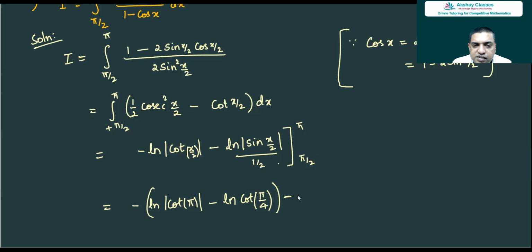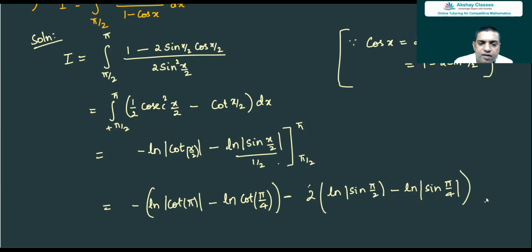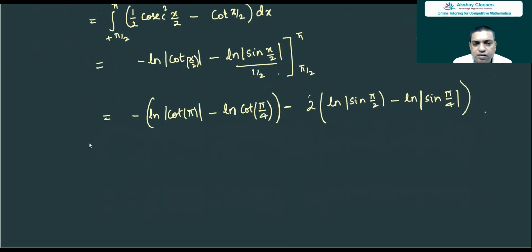Okay. Next is twice of log mod sine pi by 2 minus log mod sine pi by 4. So cot pi is cos pi upon sine pi.